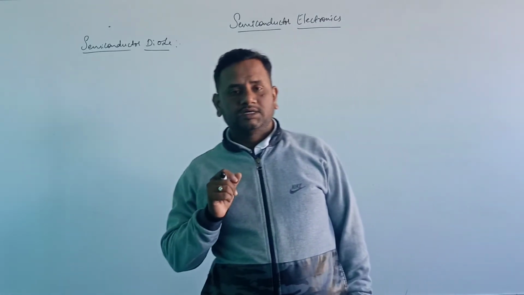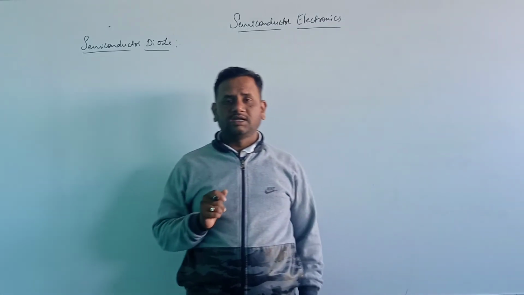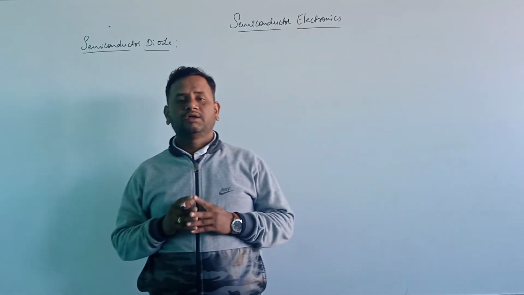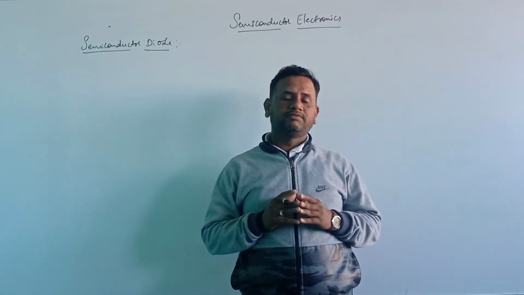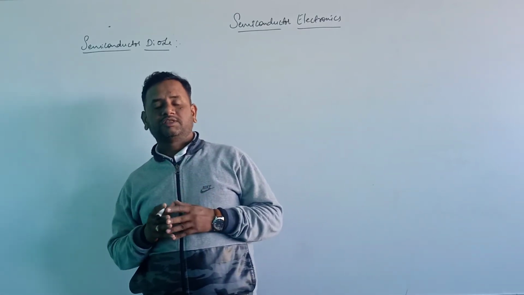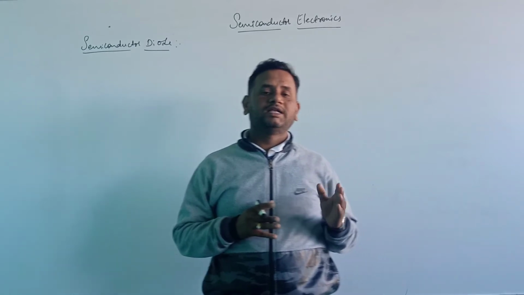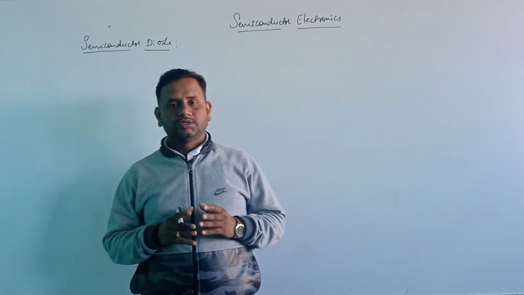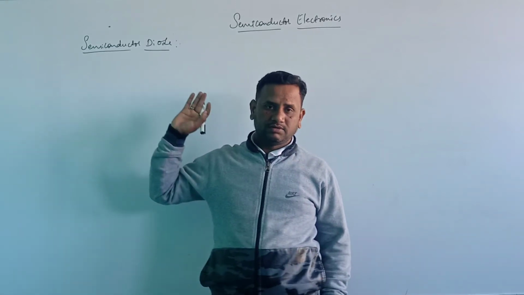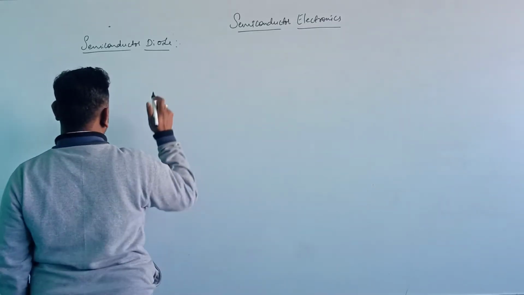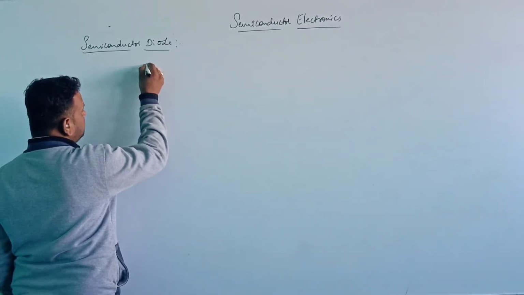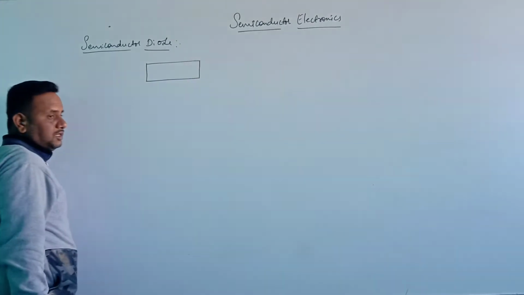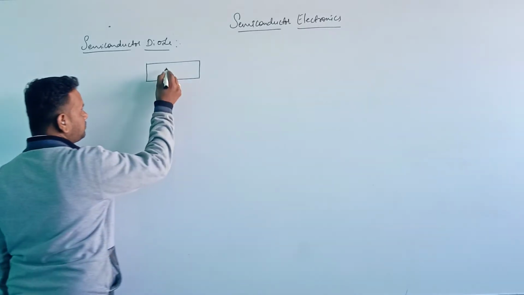A semiconductor diode is basically a PN junction provided with metallic contacts on either side of the semiconductor. It is basically a PN junction.